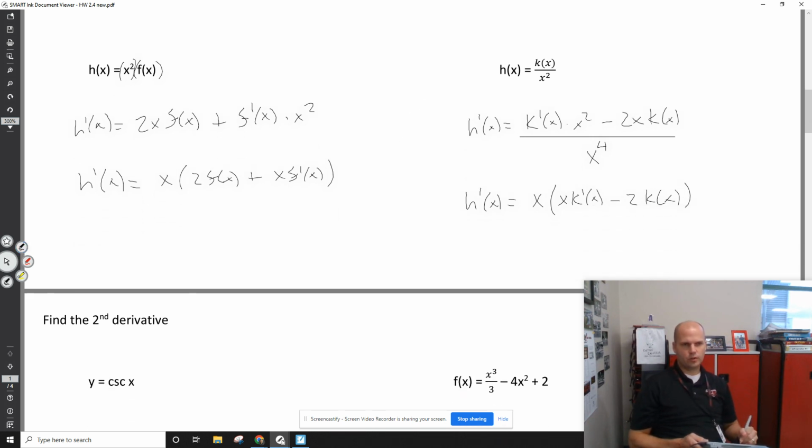Not necessary if you're just plugging in numbers, but maybe this helps you plug in numbers a little bit easier. It's 1 less x to plug in. After factoring, you can cancel.